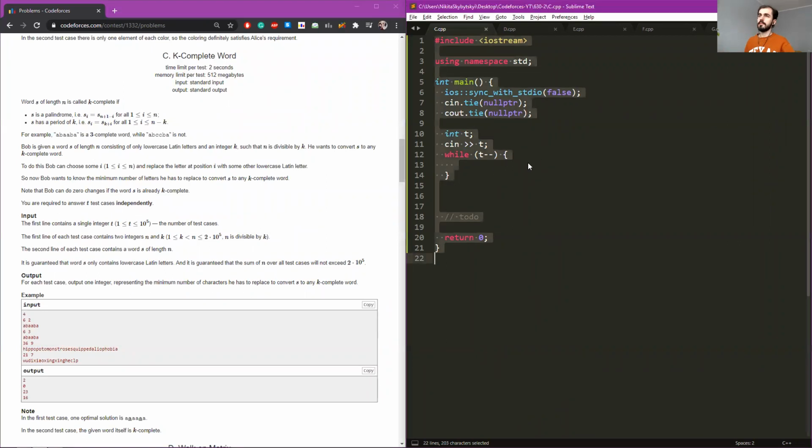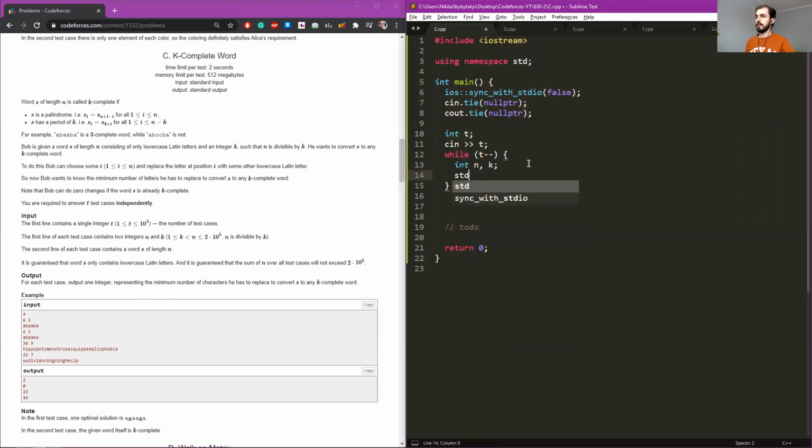Okay, so we have int k, S. Yes, isn't it like character by character, position independent, huh?